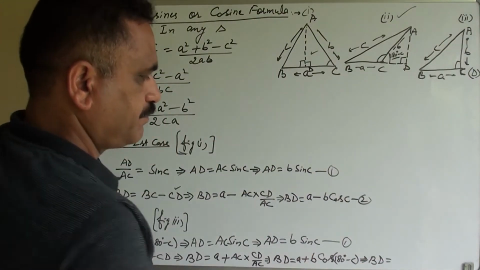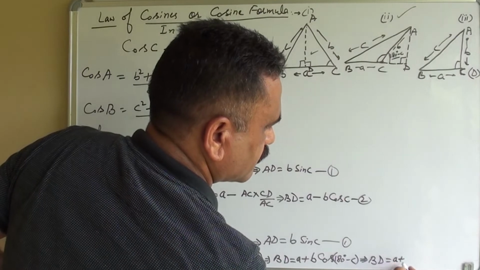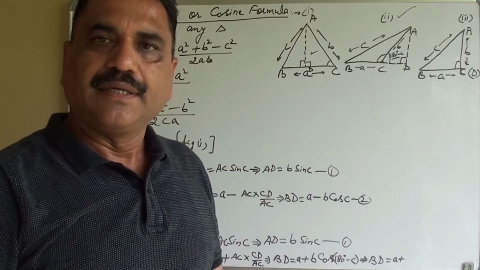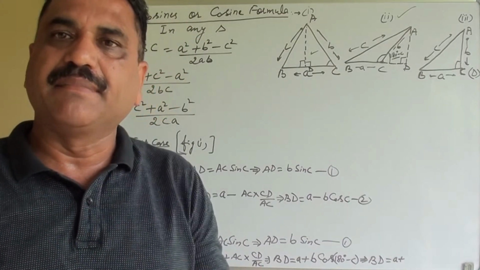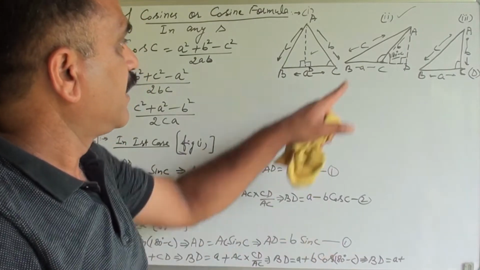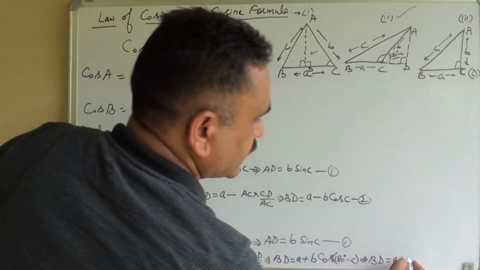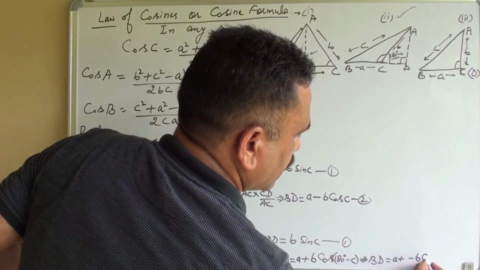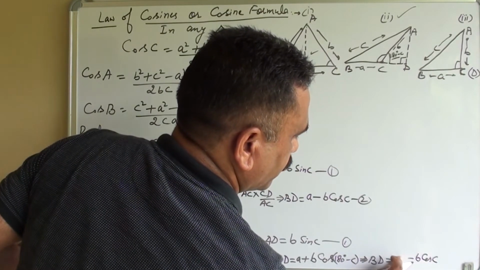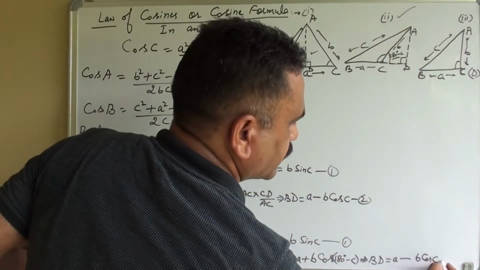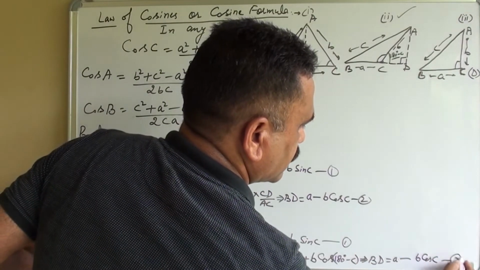A plus B cos 180 minus C. Cos ही रहेगा, 180 minus C means second quadrant, 180 से थोड़ा सा कम एंगल, ये वाला. So it is minus B cos of C. So we can write it as A minus B cos of C whole times 2.